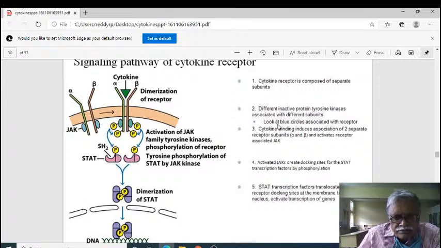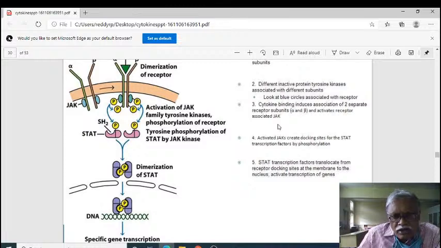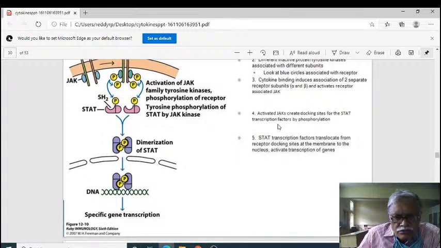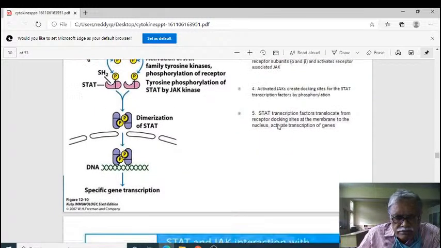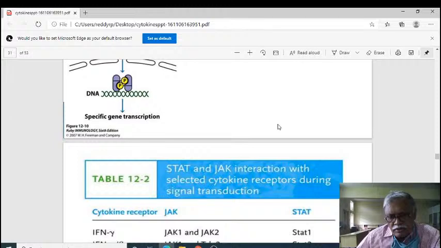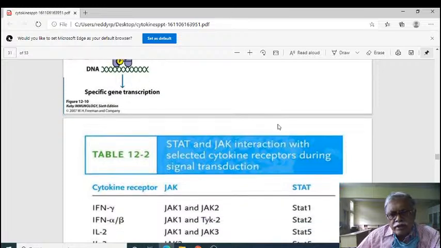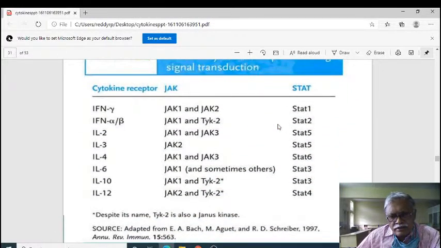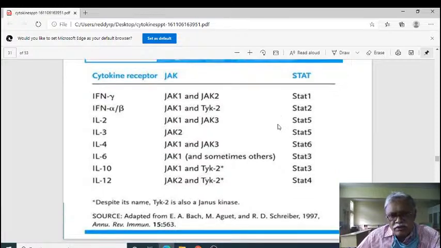This activates the JAK receptor family, the tyrosine kinases, with phosphorylation of the receptor and tyrosine phosphorylation of STAT by JAK kinase, and dimerization of STAT results in DNA transcription of specific genes. For example, constant irritation over a particular point will lead to transformations in the tissue and result in gene transcription, and may form a squamous cell carcinoma over the skin, or any other malignancy for that matter.